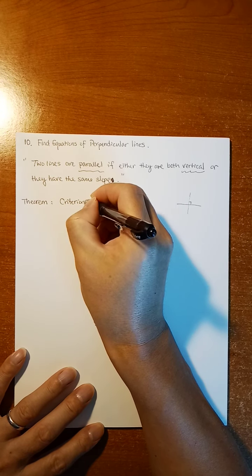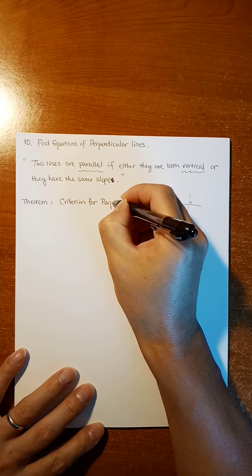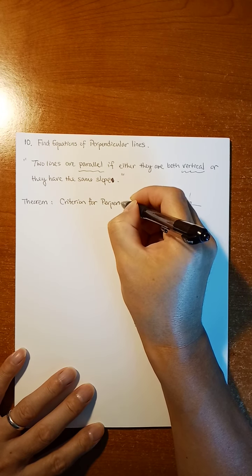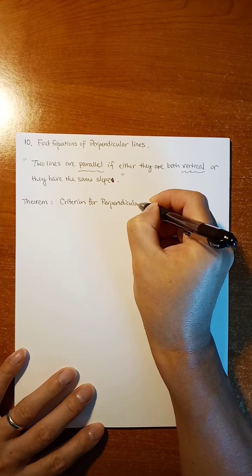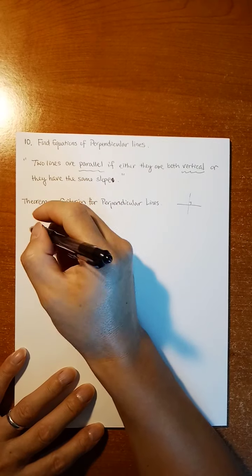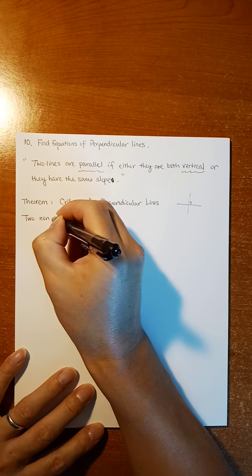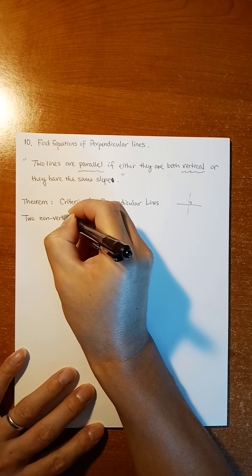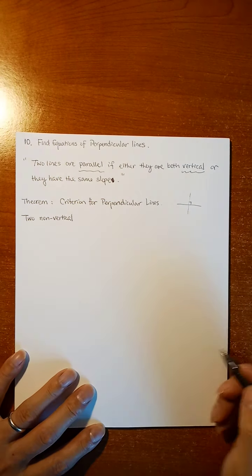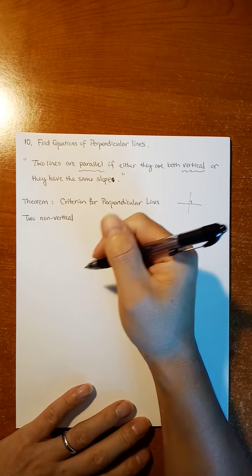Criterion for perpendicular lines. Two non-vertical lines, both lines have slopes.